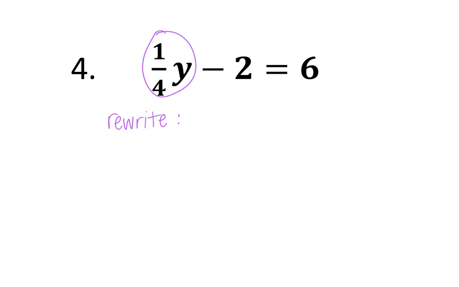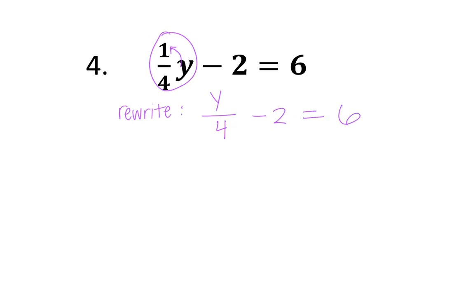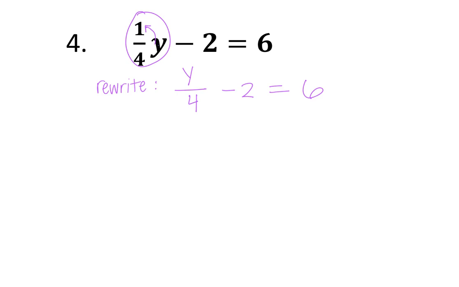I'm going to just bring y at the top here. So I'm going to say y over 4 minus 2 equals 6. It's just my preference. I like to see it that way where y is at the top.